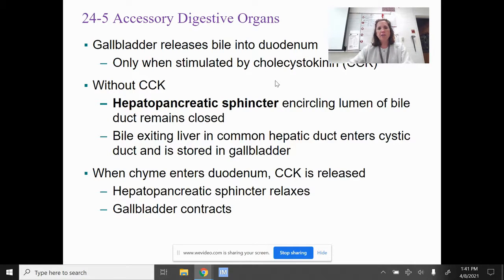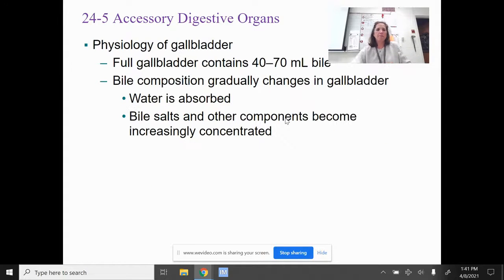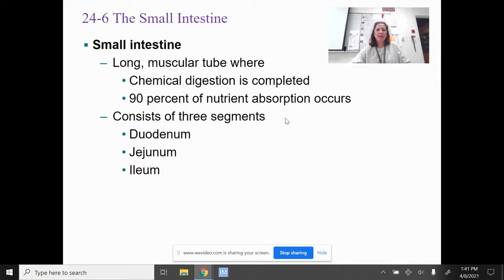Without that, there's a sphincter that just keeps the bile in its place. When the chyme enters the duodenum, the cholecystokinin is released. And it kind of senses like, hey, these fats need to be emulsified. Okay, and that is it.